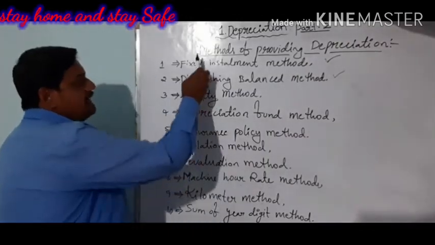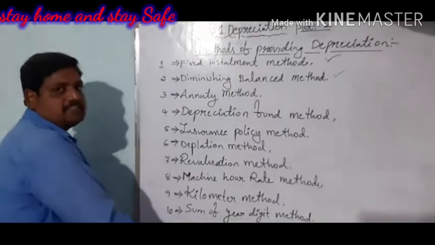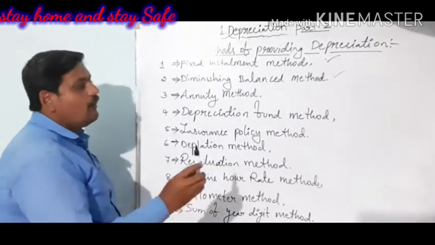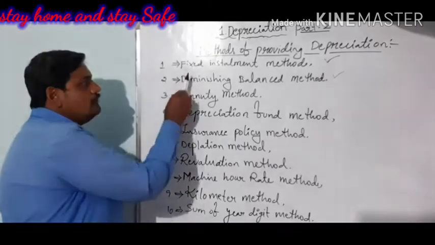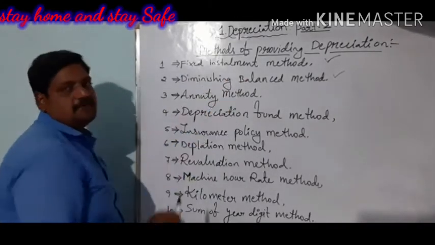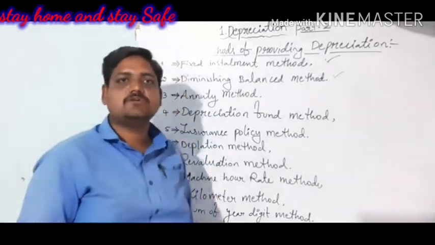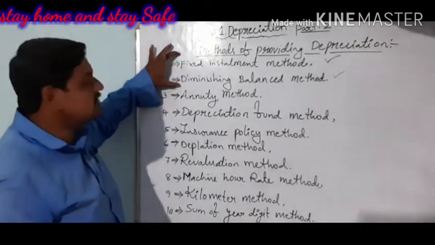So in depreciation there are 10 types of methods available, but in our country all the business merchants use only two methods, the fixed installment method and the diminishing balance method. That is why our syllabus also gives problems related to only these two methods.